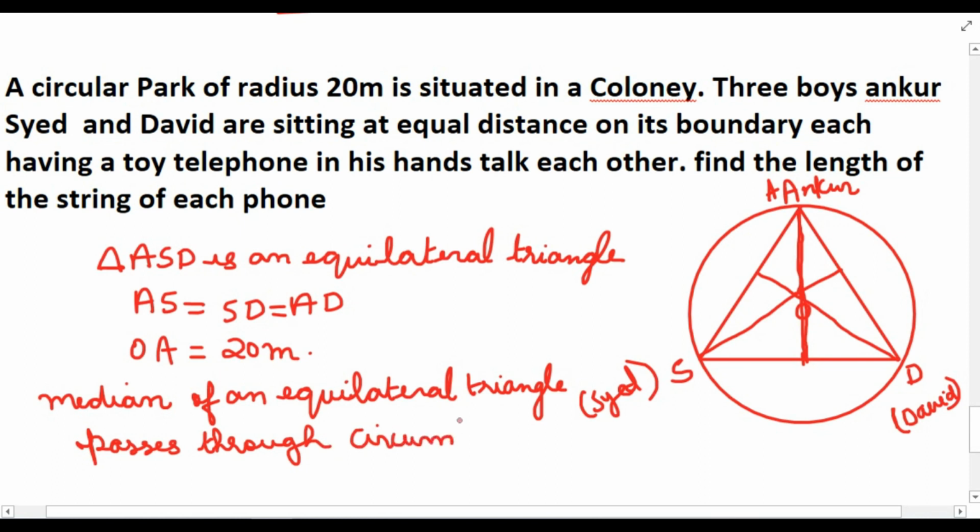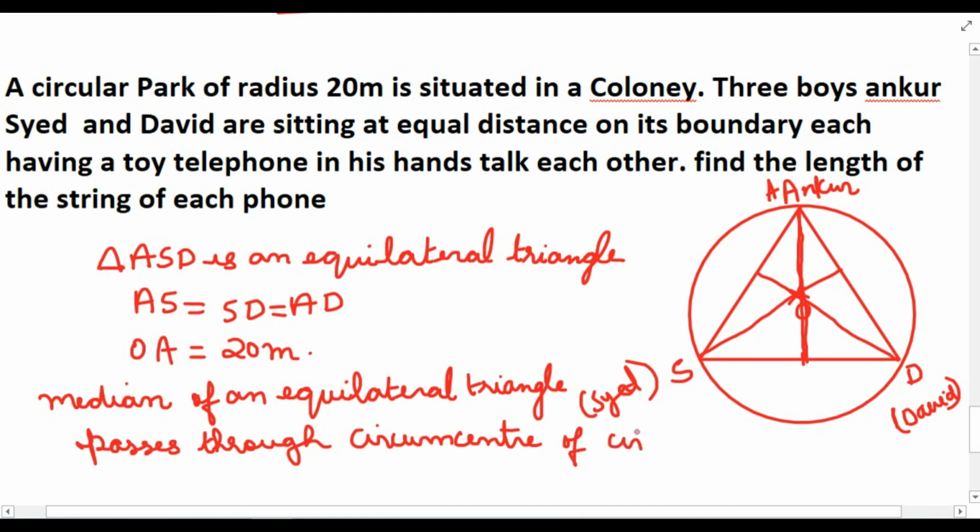The vertices of the triangle lie on the circle, and the center of such a circle is called the circumcenter. Here we can see that O is the center of the circle as well as the circumcenter of this triangle. The vertices of the triangle are lying on the circle, so the median of the triangle passes through the circumcenter.